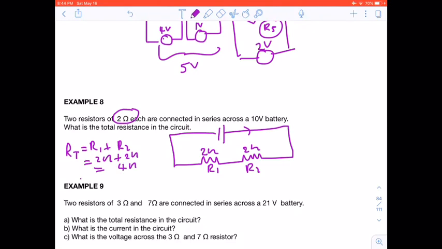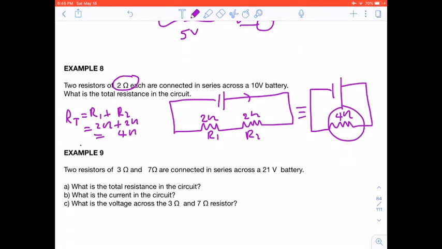Which essentially means I could have one resistance here of 4 ohms, and it has the same voltage. That means I could have reduced the two resistors of 2 ohms each and have one. So this is like an equivalent circuit to this one here, in the sense that it has the same resistance.